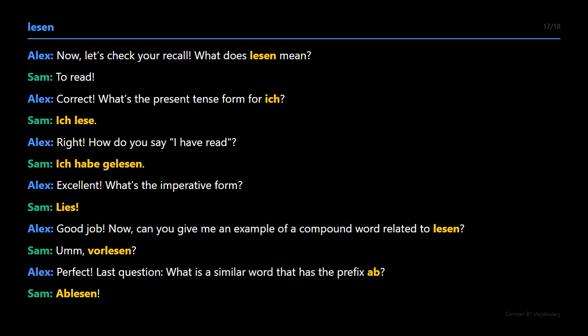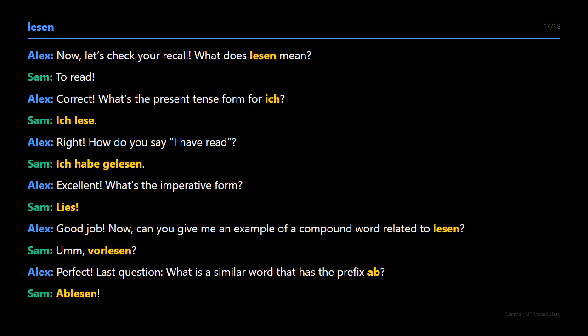Excellent. What's the imperative form? Lies. Good job. Now, can you give me an example of a compound word related to lesen? Vorlesen. Perfect. Last question. What is a similar word that has the prefix ab? Ablesen.